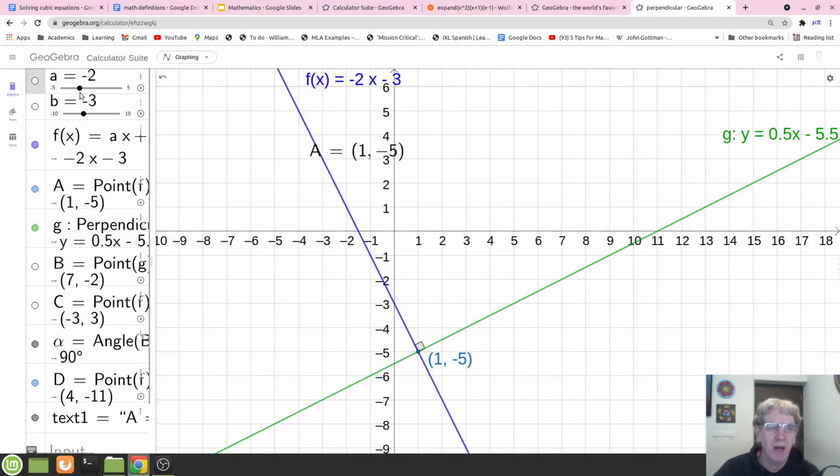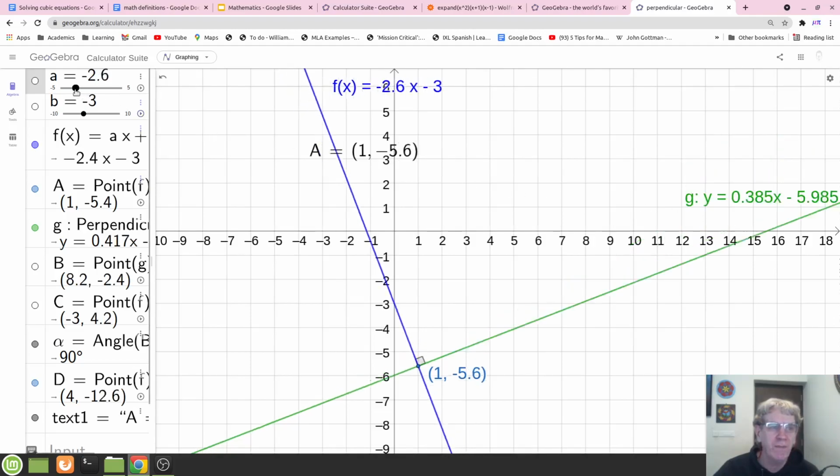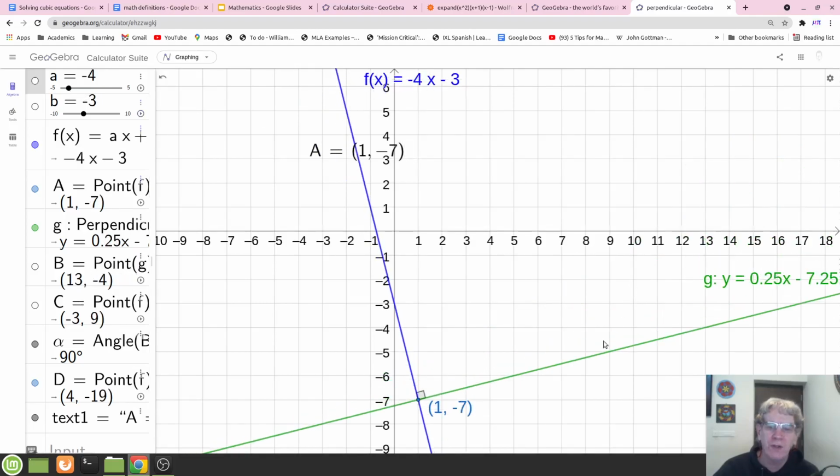And the steeper I make the blue line, the more gradual becomes the green line, the perpendicular line. So this idea of steepness in the original line making gradualness in the perpendicular line is the reciprocal.